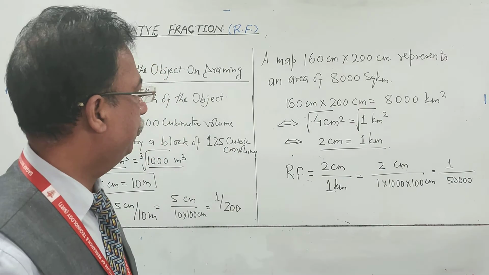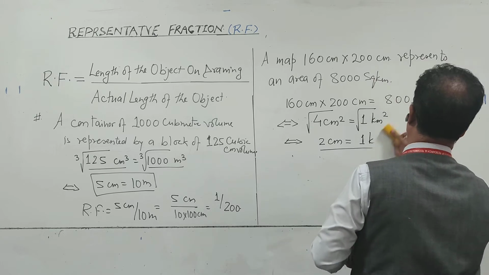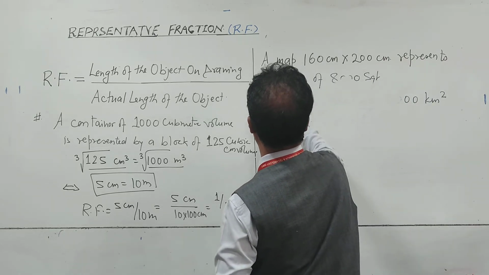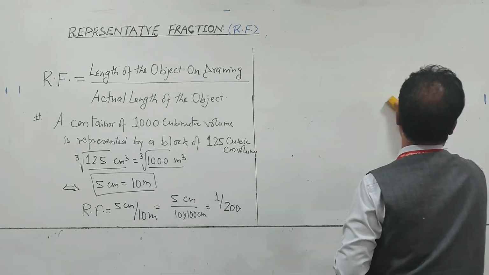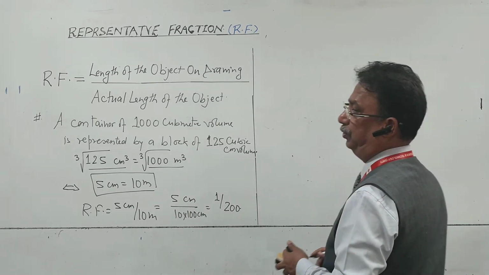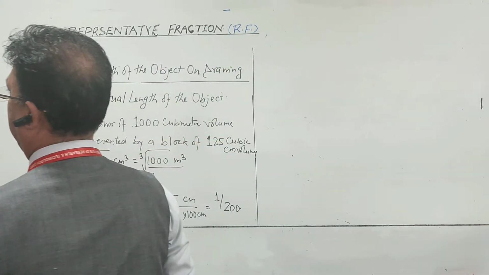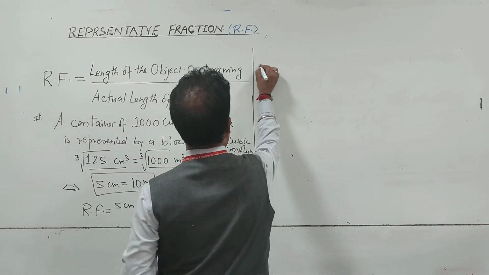Another example I want to take, one more example of this proportion. This time I am using one more unit that is used for area, known as hectares. If you have heard about this, hectare is also a unit to represent area. So what is the proportion I am saying?